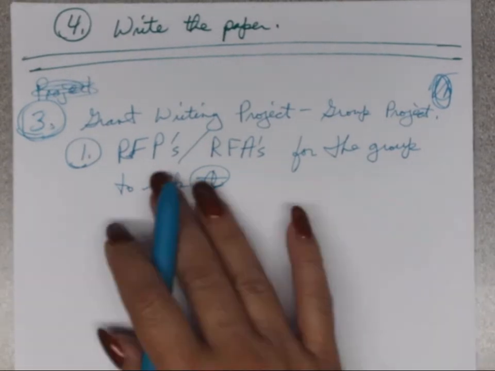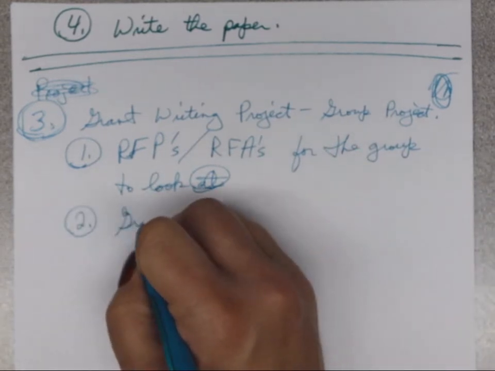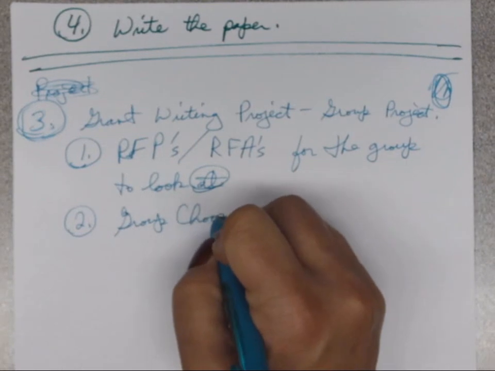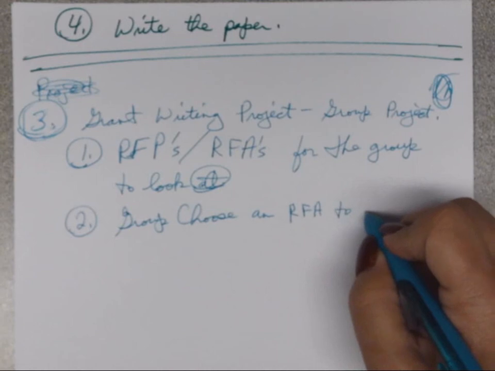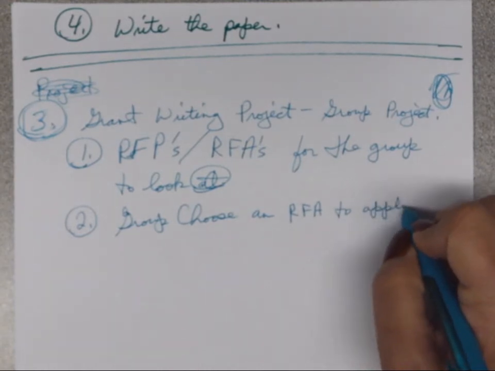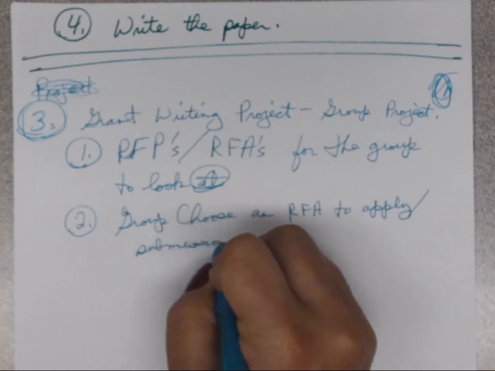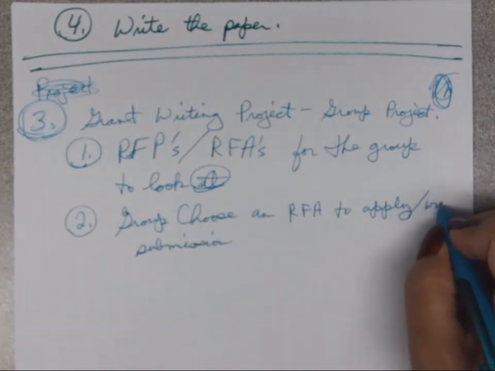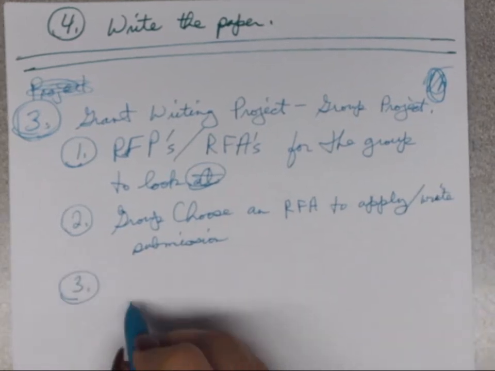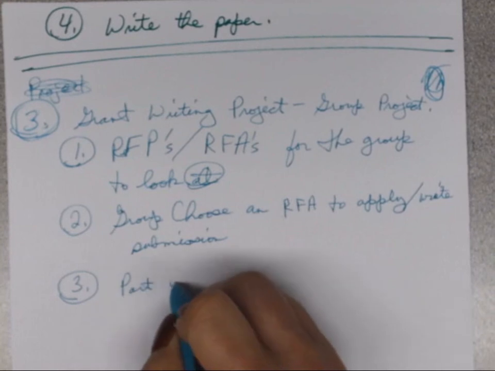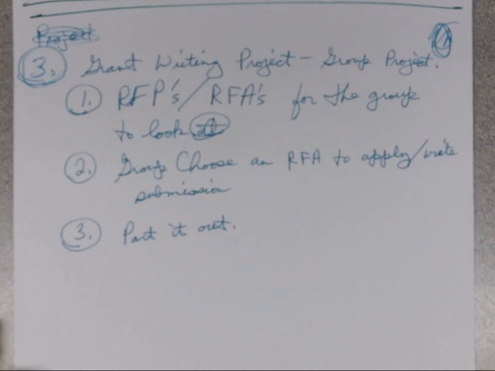So the first step is going to be just bring in stuff. The second step is the group chooses one, and we'll pick an RFA to apply for, or we'll write a submission. Okay, we'll pick one. That's the next step. The next step is we'll part it out so that each person doesn't have too big of a piece that they have to work with.